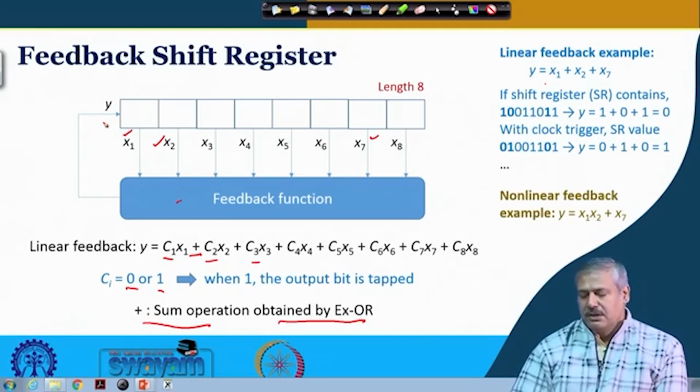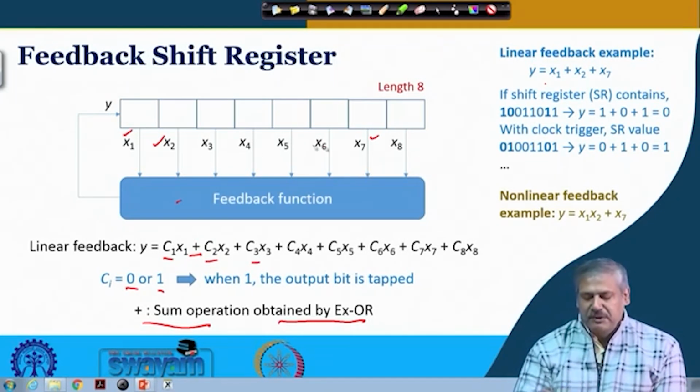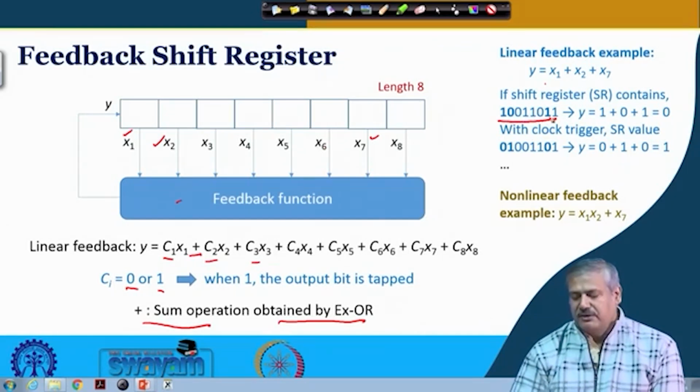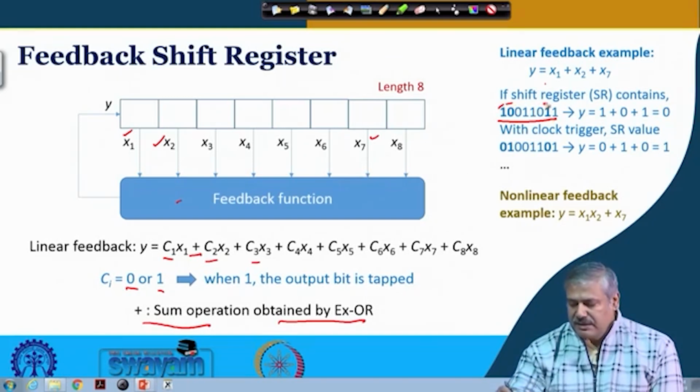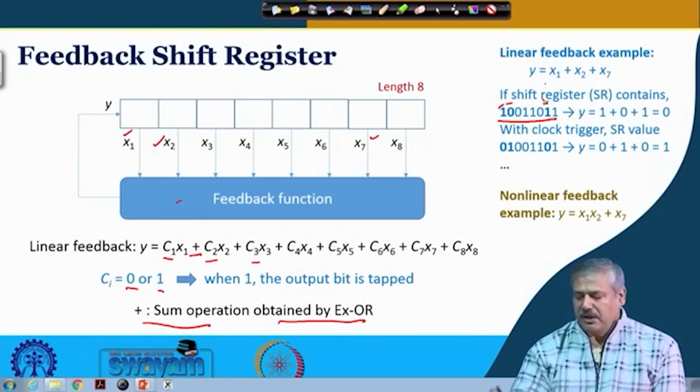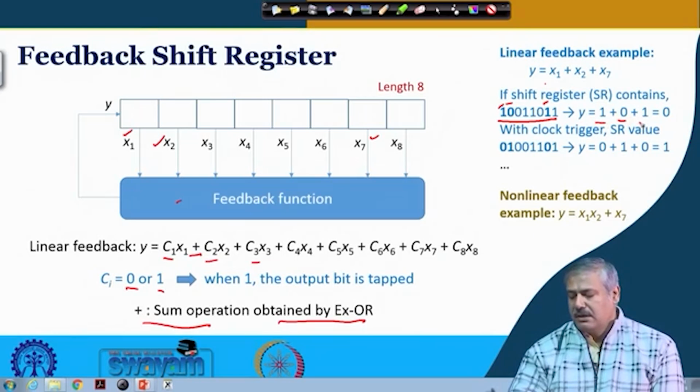For example, if the shift register is initially loaded with the value 1 0 0 1 1 0 1 1, then x1, x2 and x7 are the ones in bold. Then y will be 1 XORed with 0, XORed with 1. So the value is 0. So 0 will be fed back.